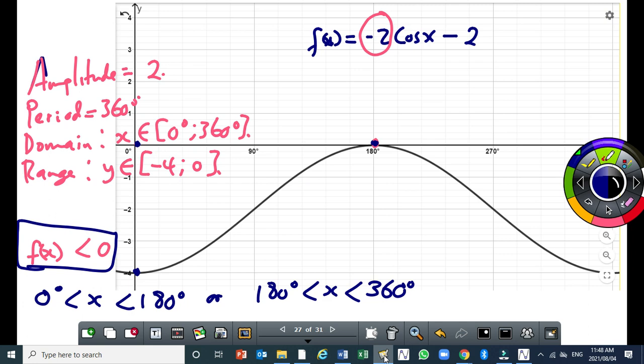I want to know exactly how it affects the amplitude, because I don't understand how this graph looks. I understand the difference. Okay.